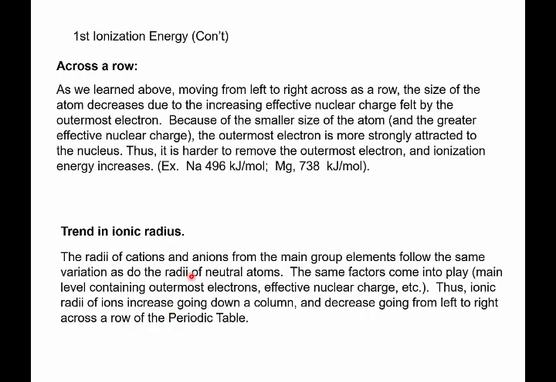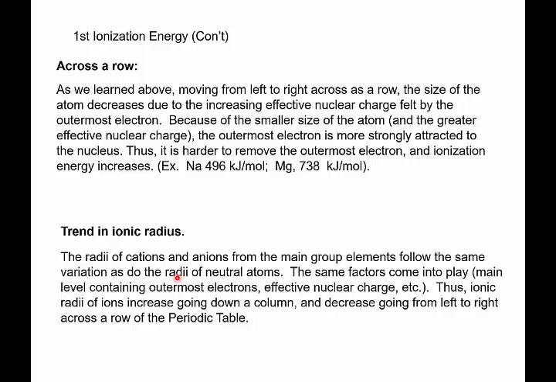If we go across the row of the periodic table, remember we learned before that if you go from left to right across the row, the size of an atom decreases, and that's because the effective nuclear charge felt by the outermost electron increases. You're adding an additional proton every time you go from one element to the next, from left to right.